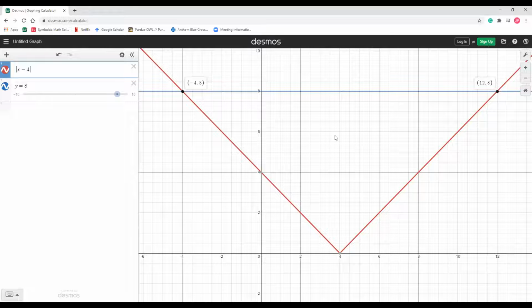And the inequality says left side is less than the right side. Well, less than, when you talk about y values, is below. So anything below that blue line would be a solution. So all the x values that give us the y values less than 8 are between -4 and +12. So hopefully that discussion made sense.